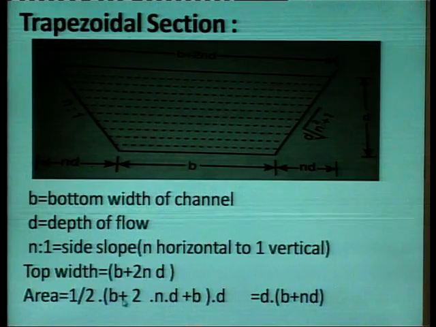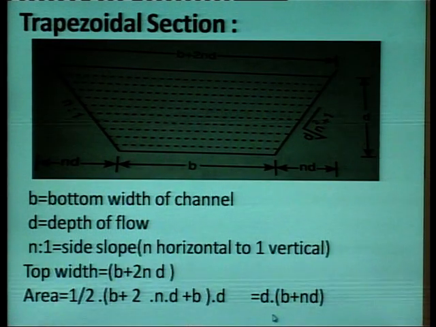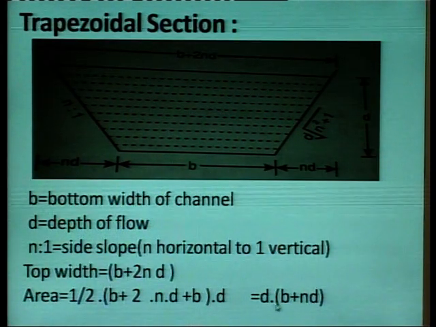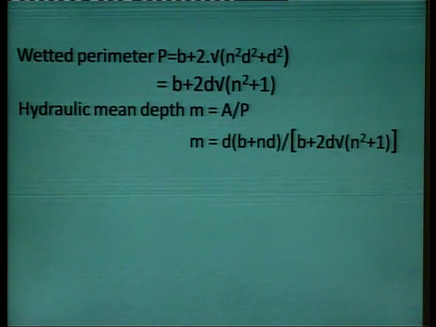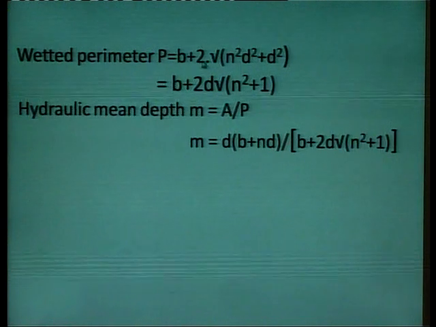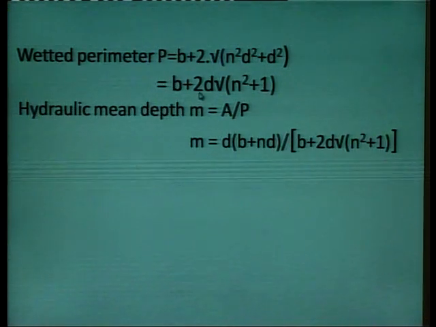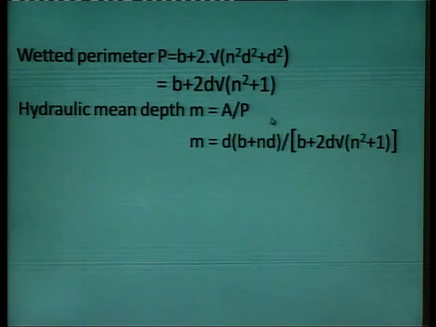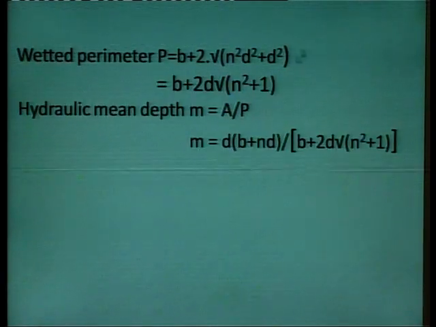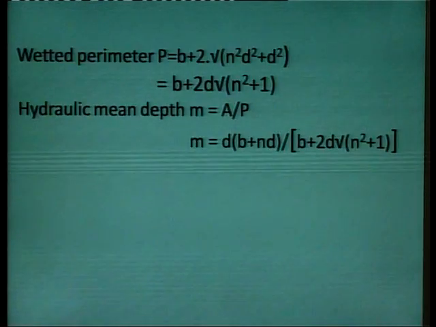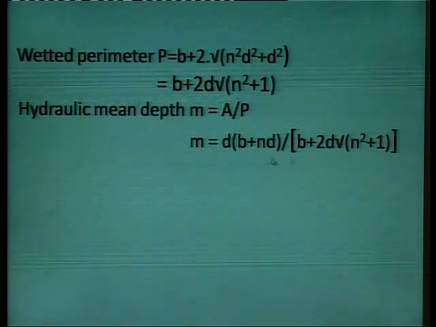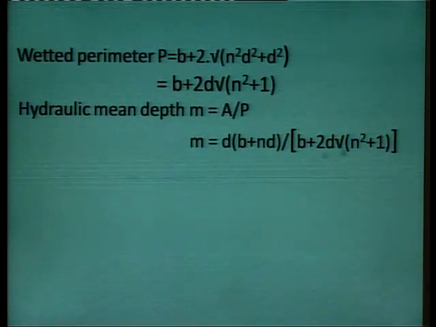So when we substitute and find this value, it comes out to be d multiplied by b plus nd. So the wetted perimeter is equal to this much value. So the hydraulic mean depth M means the area of the flow and the wetted perimeter.